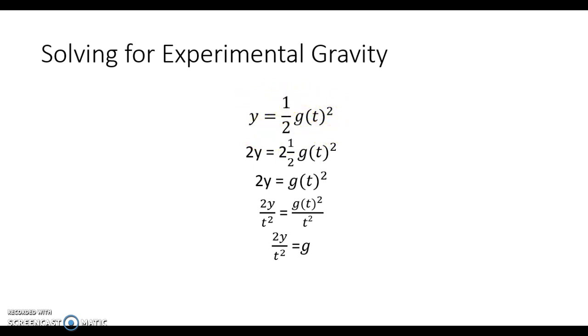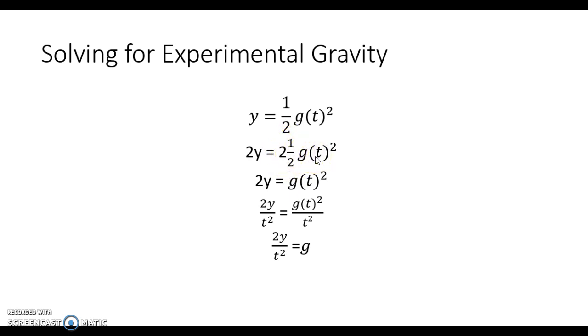If that's the case, then remember we had y is equal to 1/2 gt squared. So we multiply both sides by 2 because we want to figure out what the experimental gravity is, right? So we want to isolate g by itself. That gets rid of the half over here because 2 times 1/2 is equal to 1.